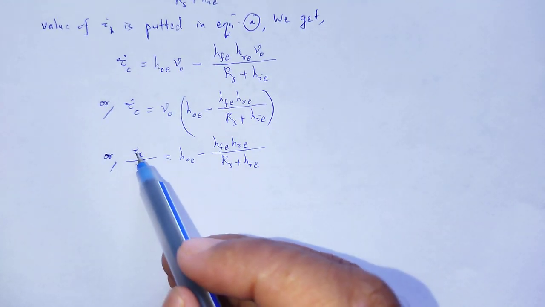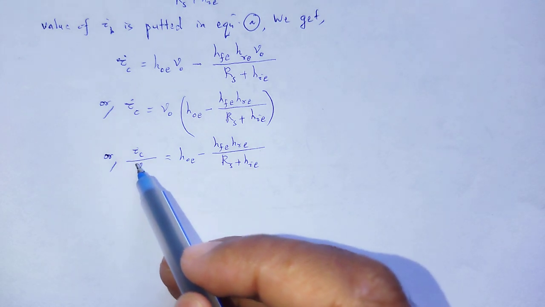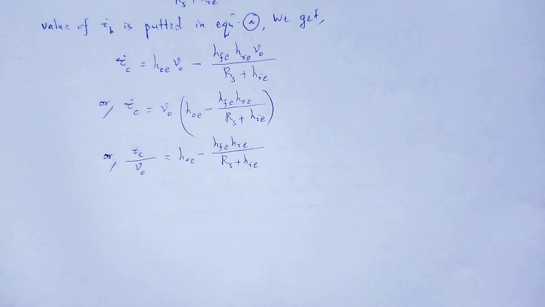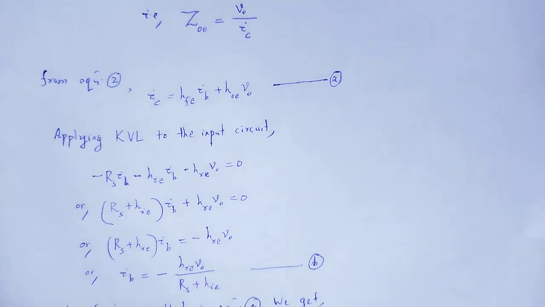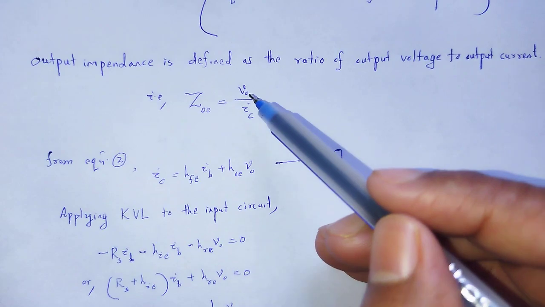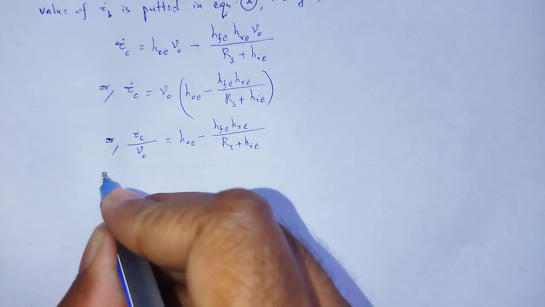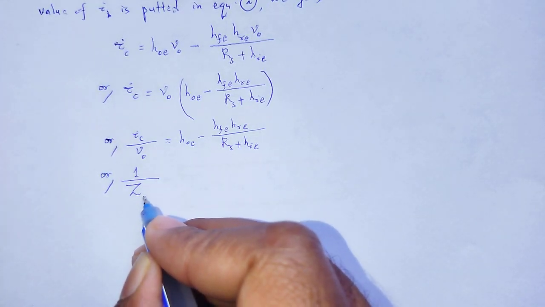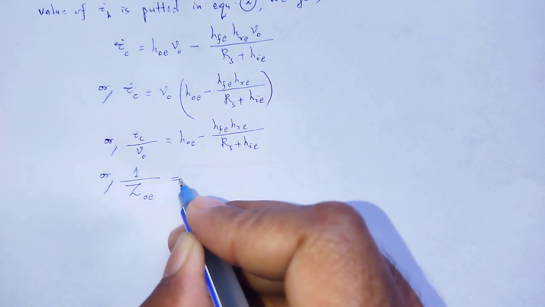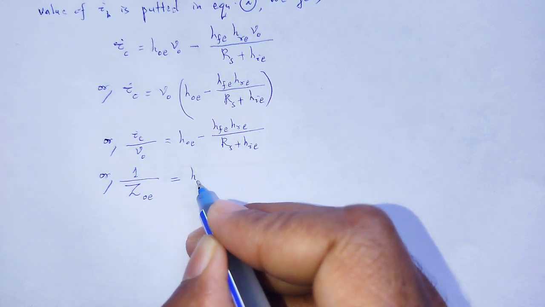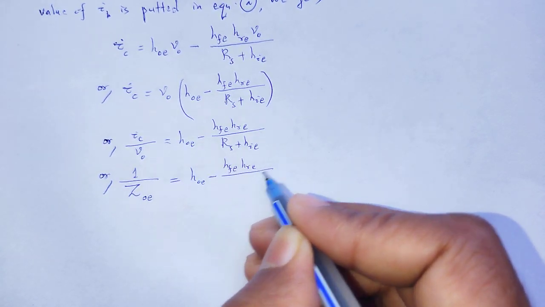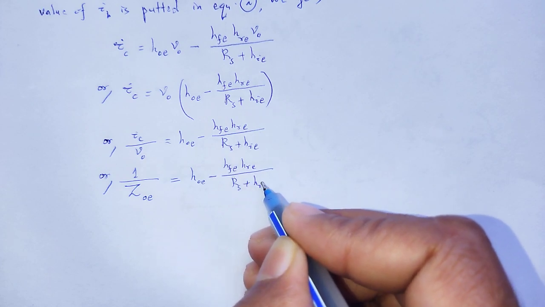Now, IC divided by VO is output current to output voltage. Our requirement is output voltage to output current. So that term with the reciprocal of ZOE is equal to HOE minus HFE HRE divided by RS plus HIE.